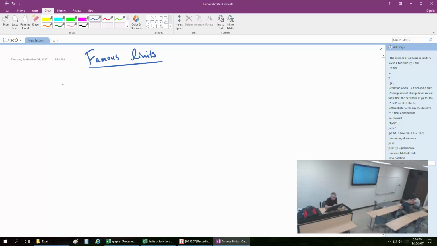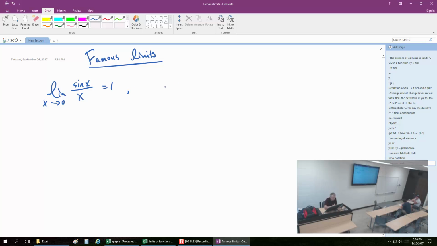So that's number 1: the limit of sine x over x is 1. Okay? In other words, what does it have to do with differentiation? Because this is just a limit, and all you do is compare sine with x, as we did early on.